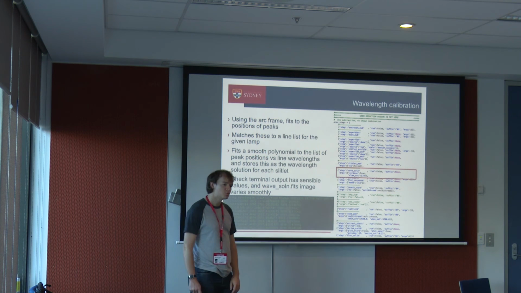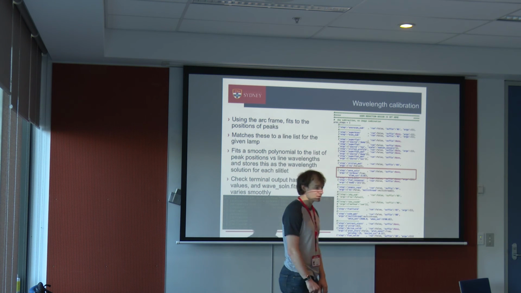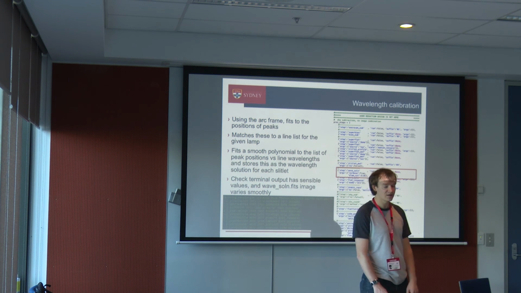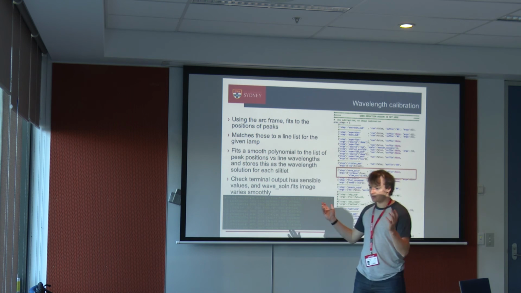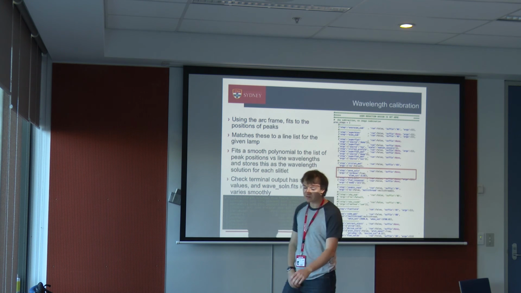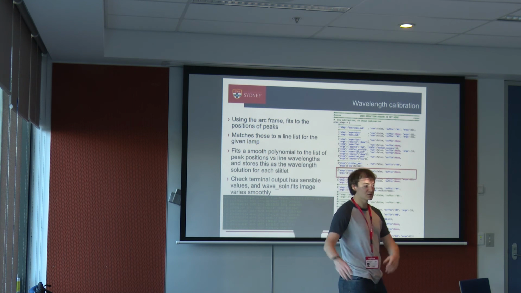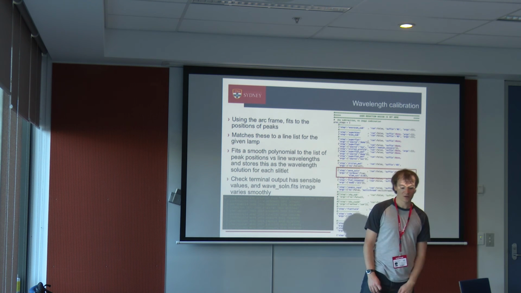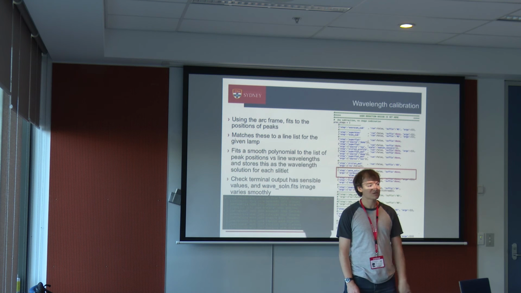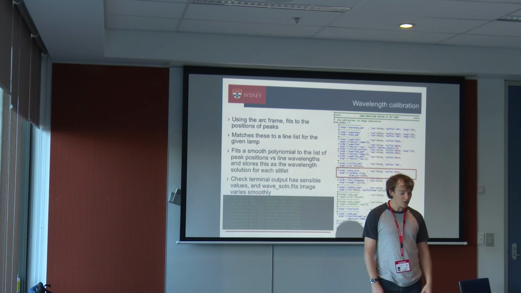Those numbers should be quite similar from slitlet to slitlet. So if one of your slitlets has a dispersion that's 10 times the value of the other slitlets, something has gone wrong. If your start wavelength is hundreds of angstroms different from one slitlet to another, something's gone wrong again. So there's quite a lot of information there.